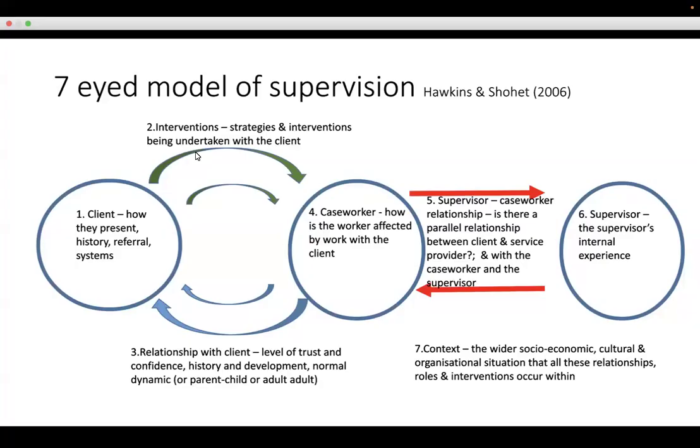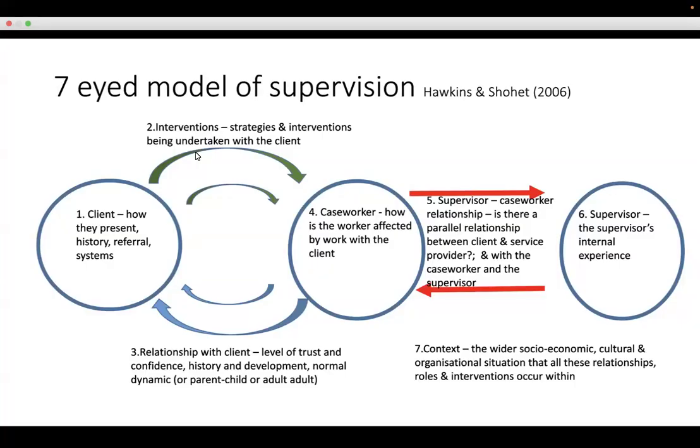We can draw, for example, on psychodynamic, humanism, transactional analysis. And again, the idea here is really to get to understand what kind of relationship we are having with the client. You might find, for example, transactional analysis being quite helpful in this context.